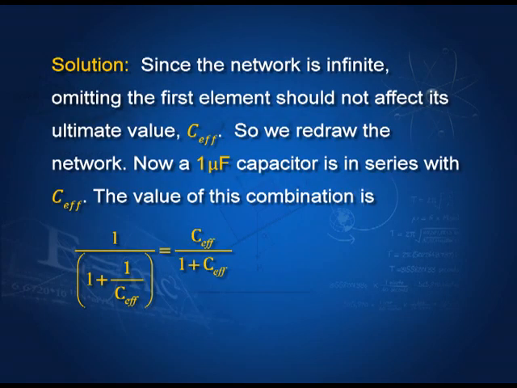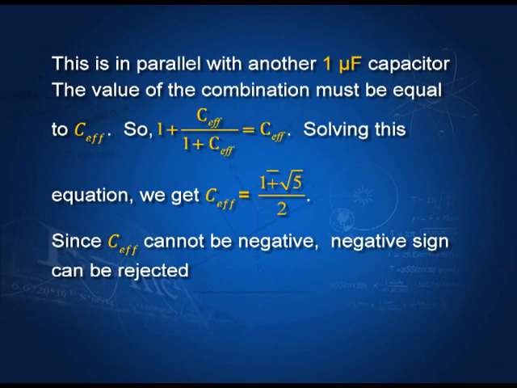So, we set up the equation: 1 by (1 plus 1 by C effective), which is the capacity of these two, plus 1, must be equal to C effective itself. Therefore, we can solve for C effective and we get two roots, (1 plus minus root 5) by 2.